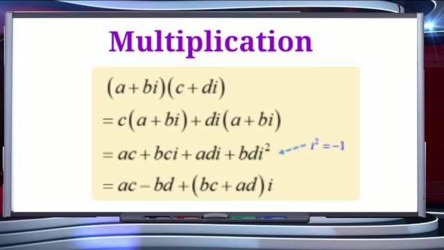When we multiply them inside, we will get the value ac plus bci plus adi plus bdi square. Here we will substitute the value of i square as minus 1. So we are getting the answer as ac minus bd plus bc plus ad whole outside i.